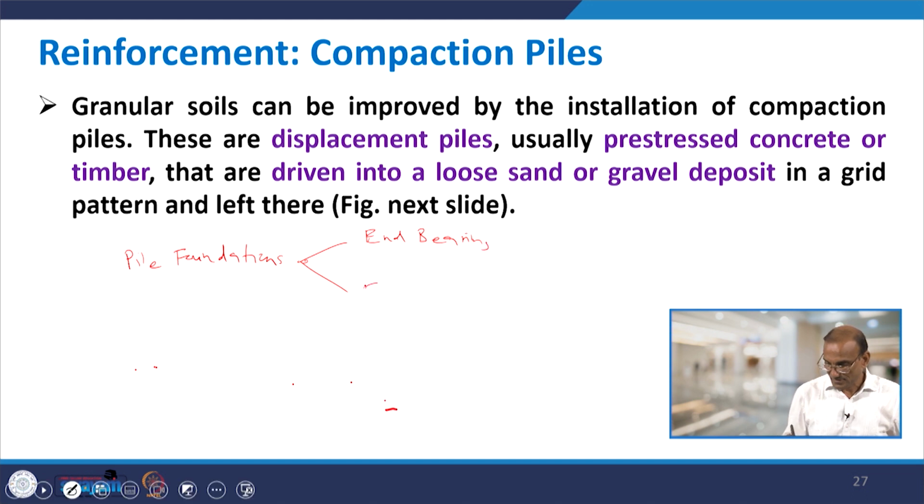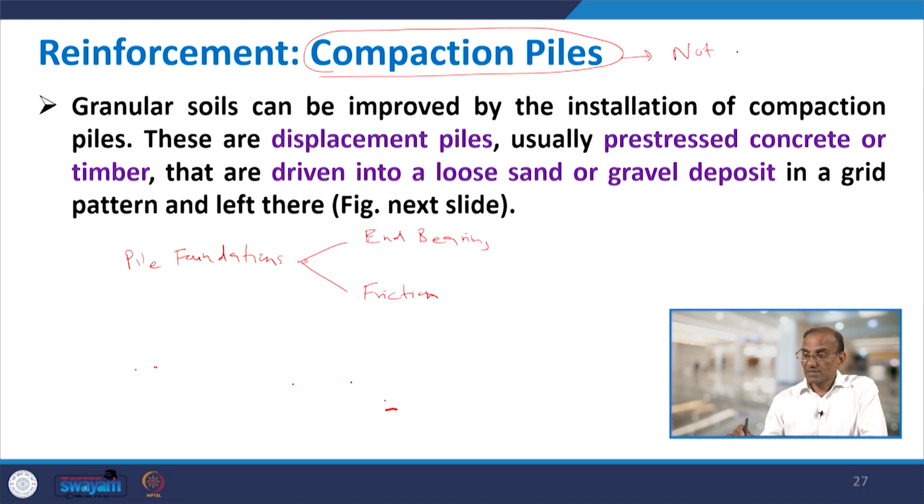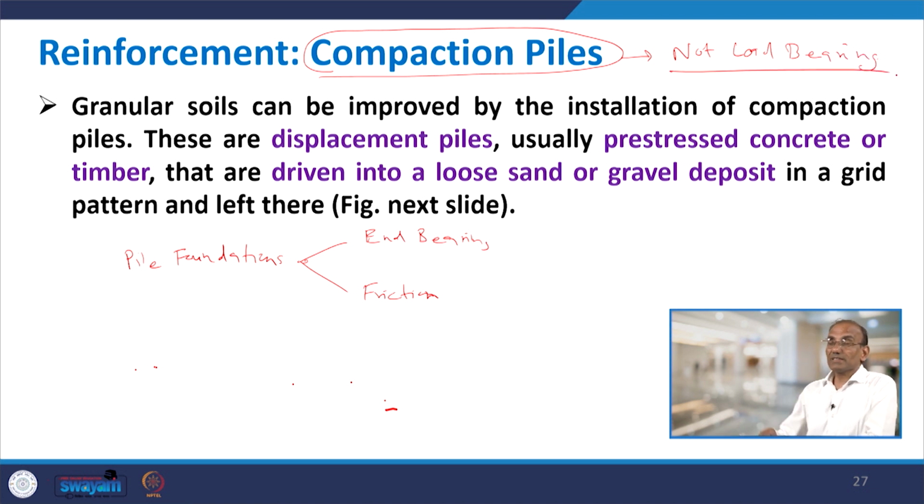These types of foundations carry the load, but when we talk about compaction piles, they are not load bearing piles; they are exclusively used for ground improvement. They are not for designing of foundation; rather their objective is to improve the soil, and naturally they will be smaller piles compared to the piles which are used for foundation.